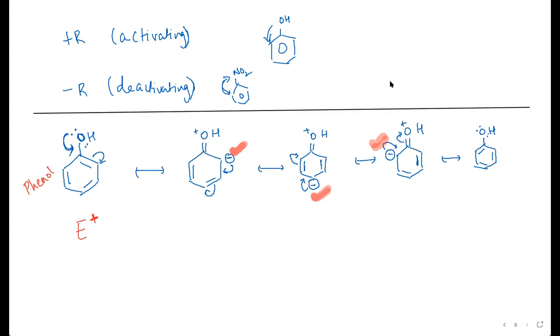Correct. So when an electrophile is attacking phenol, it has a tendency to go towards the ortho and para positions. So the products that you would finally expect would look something like this. You have benzene, you have OH. Now the electrophile will get substituted either at ortho or at para. So the ortho and para isomers will be your majority product, the preferred products.